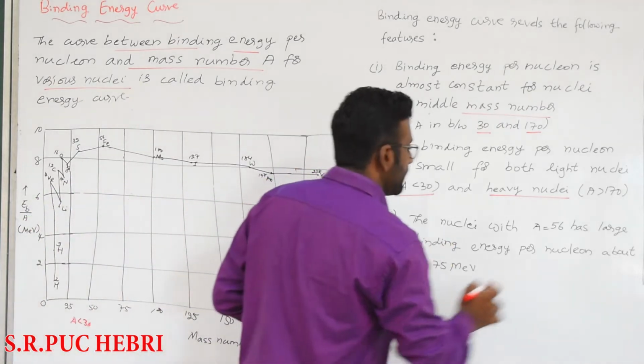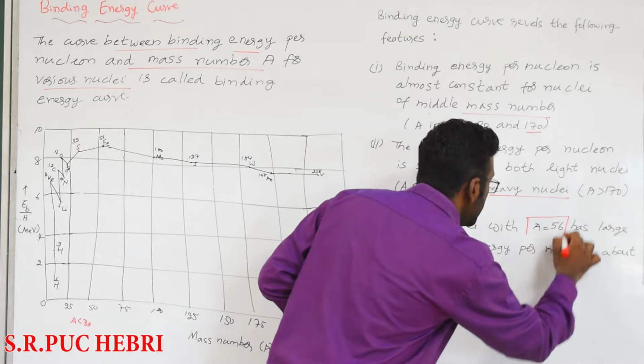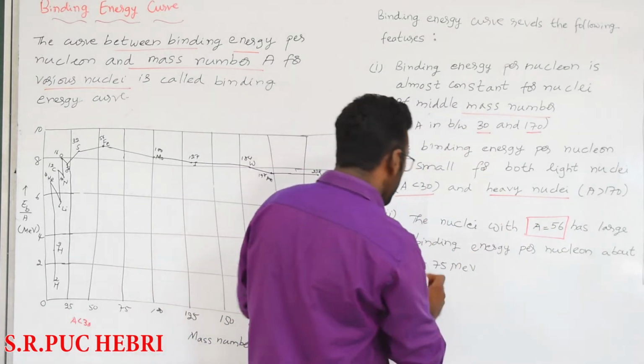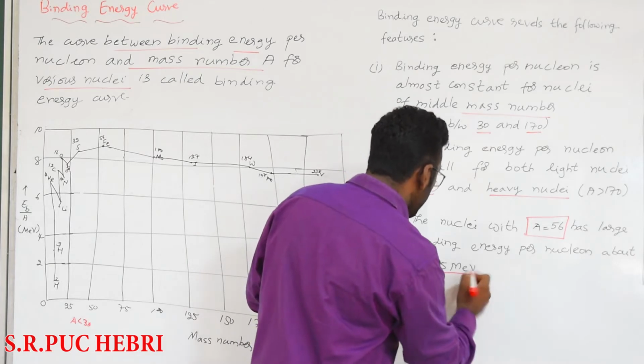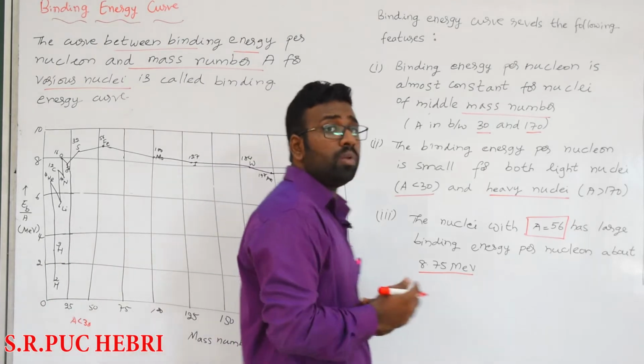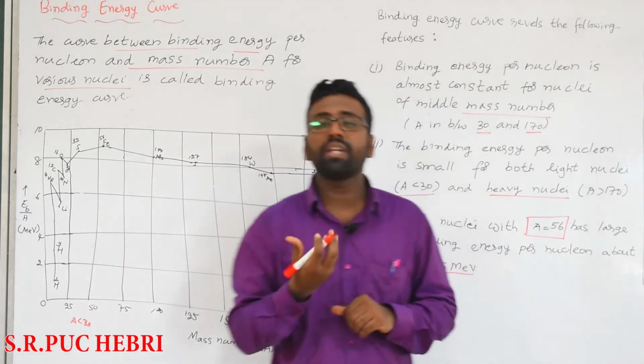The nucleus with mass number 56, that is iron, has the highest binding energy per nucleon, and the value is about 8.75 MeV.